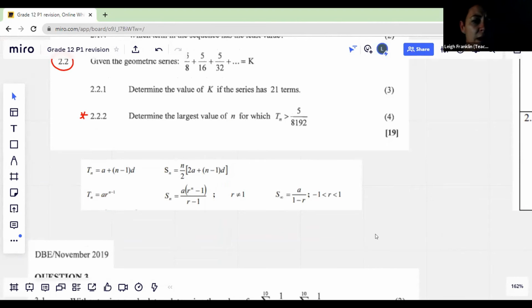Okay, so if you haven't started already, matrix, start on question 2.1.1.